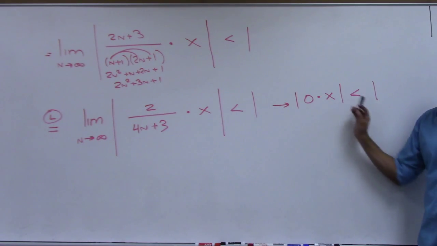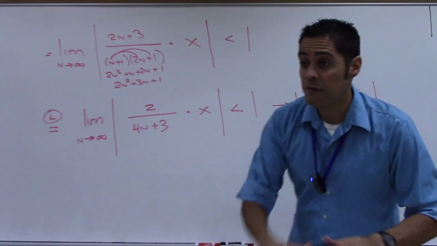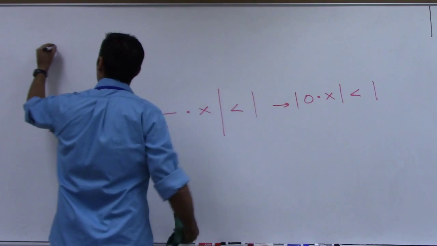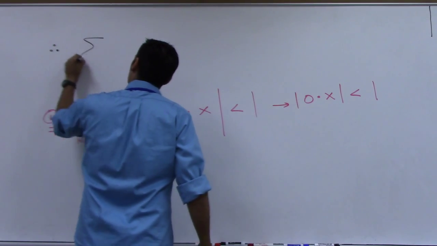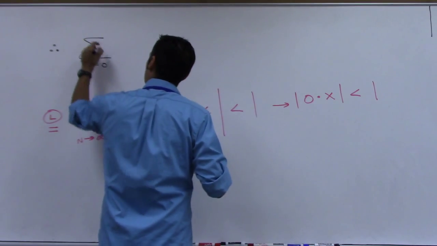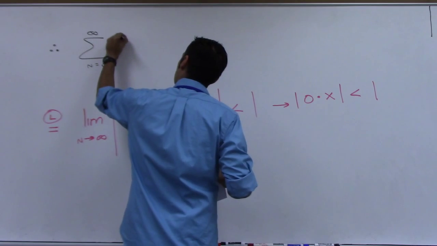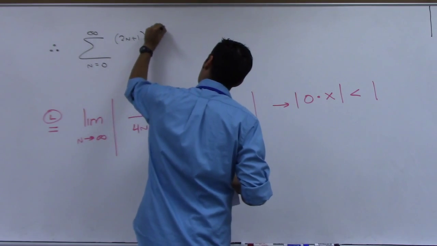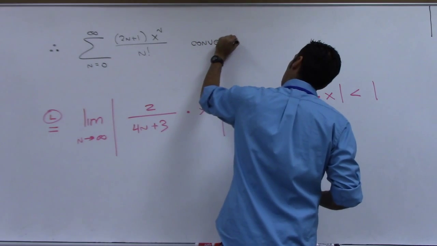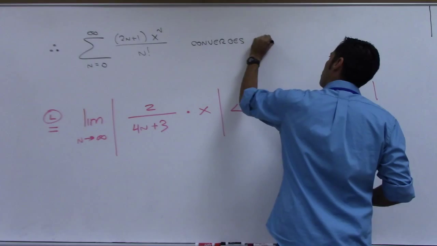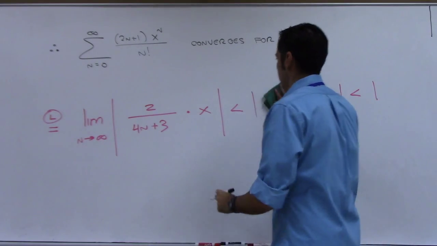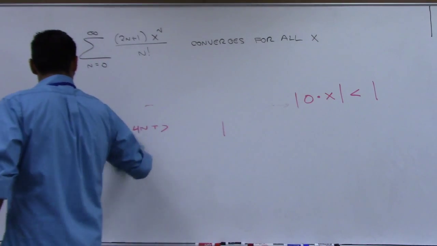This is always going to be less than 1. So it converges for all values of x. Therefore, the series from n equals 0 to infinity of 2n plus 1 times x to the n over n factorial converges for all x. How would you write that in interval notation?